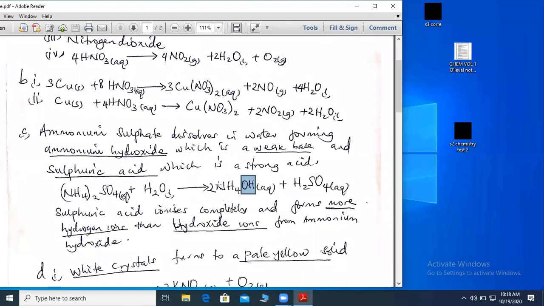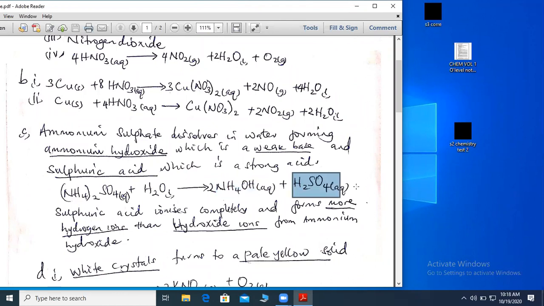The weak base is ammonium hydroxide, so it does not ionize completely. So the hydroxide ions are few compared to the hydrogen ions from sulfuric acid, which is a strong acid. What happens? The hydrogen ions will neutralize the hydroxide ions from the weak base, ammonium hydroxide, and the hydrogen ions will remain in the solution.